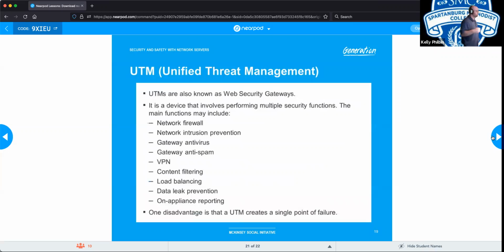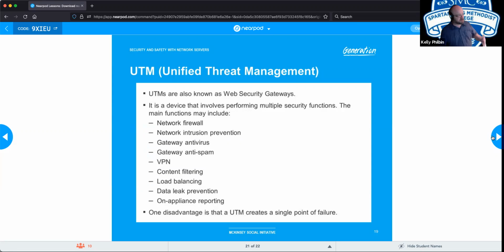Next, we have what's called a UTM, or Unified Threat Management. They are also known as web security gateways. This is essentially a device with a whole bunch of tools on it. It performs multiple security functions at the same time.